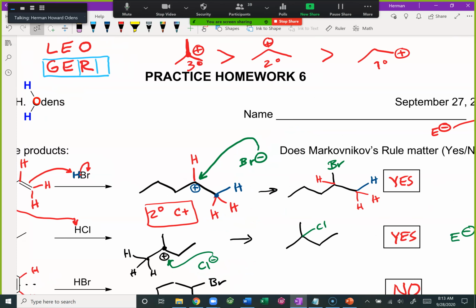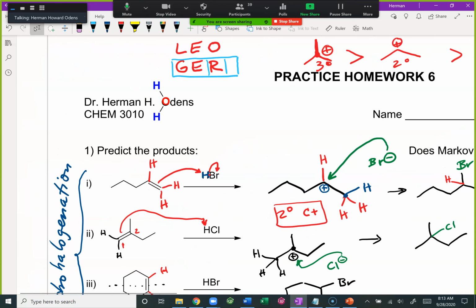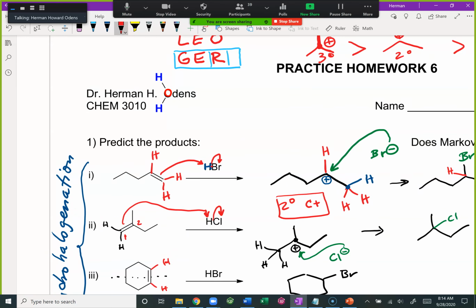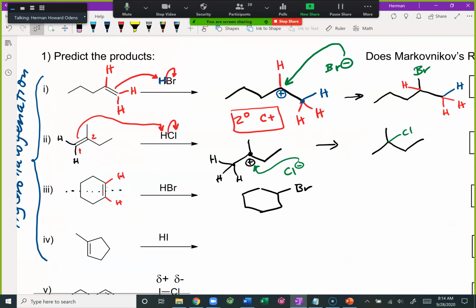And so for all these, I forgot to put this little arrow here. We attack there, and we transfer those electrons from the bond into the bromine. So basically what I'm saying is, for the HBr molecule, for example, you have 2 electrons.